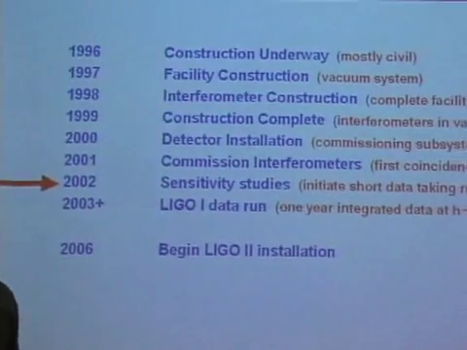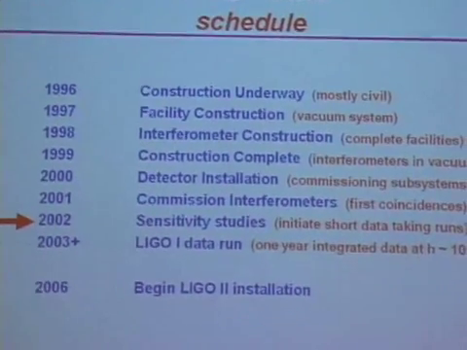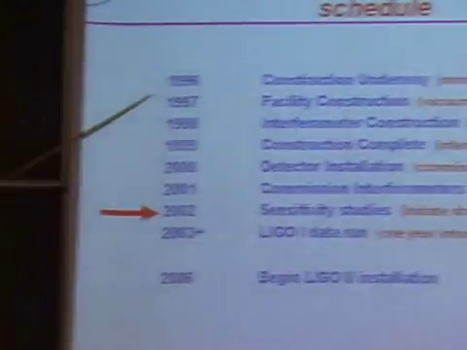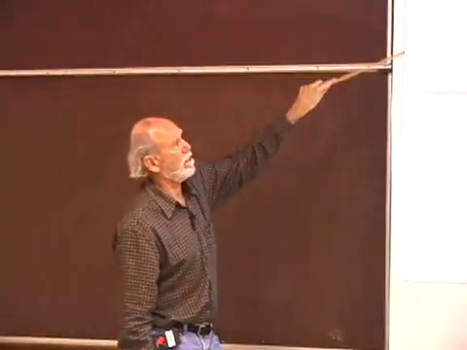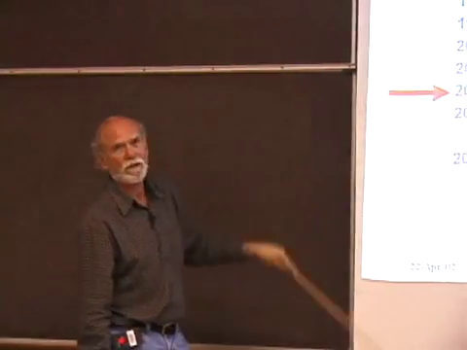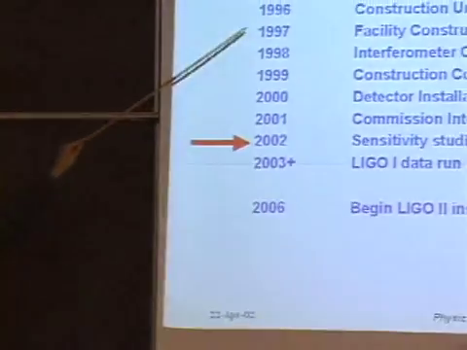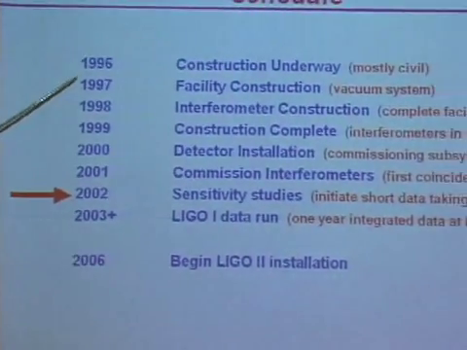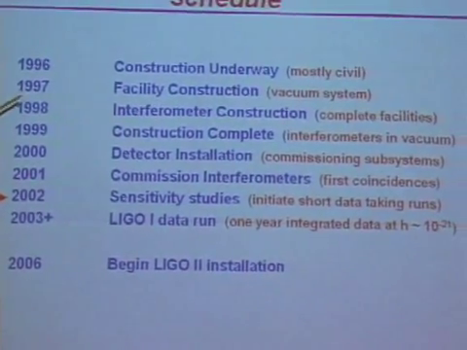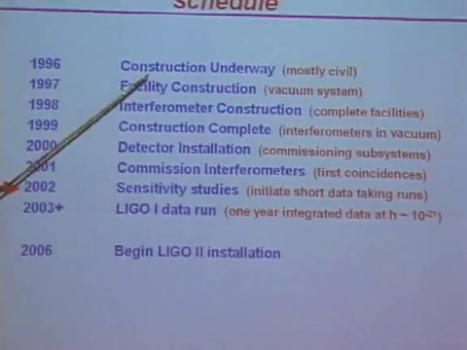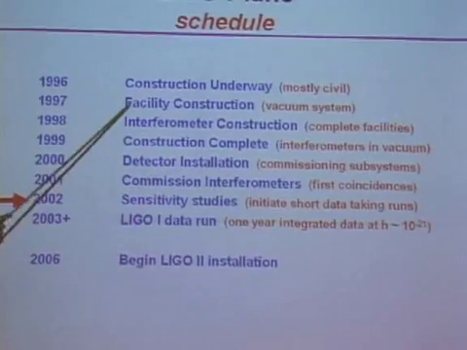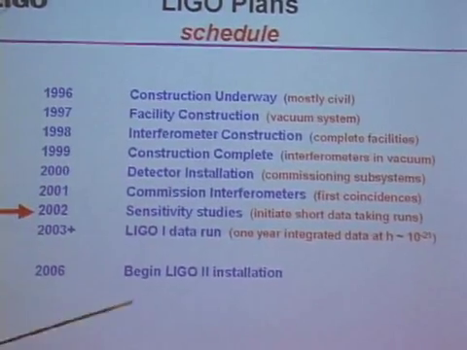Okay, so let's see where we are. By the time we got the money and then got ourselves organized, we started, this is a graph that I've used since 1994 with the agencies and reporting to them to just give them the absolute simplest highlight. What is the main thing we're doing each year? And with maybe a comment. So we started by, of course, clearing the sites and doing civil stuff.